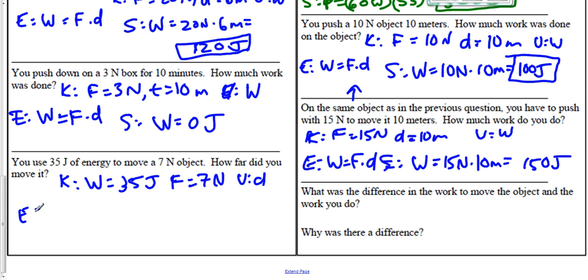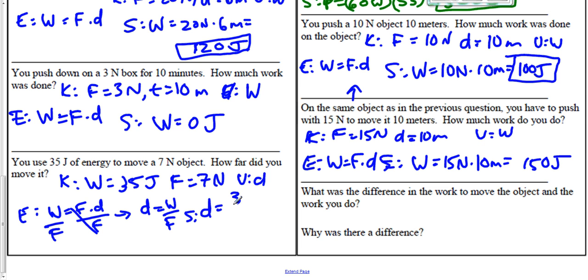Our equation, work equals force times distance. We want to solve for distance, so we divide by force. And we're going to get distance equals work over force. Substitute and solve, we're going to get distance equals 35 joules divided by 7 newtons. That's going to give us 5 meters.